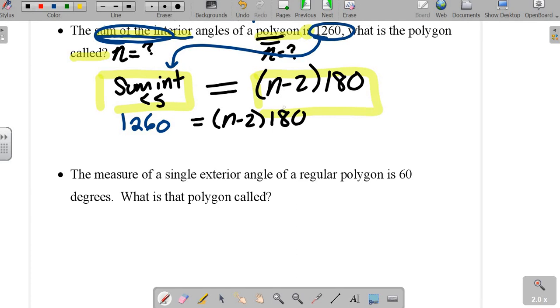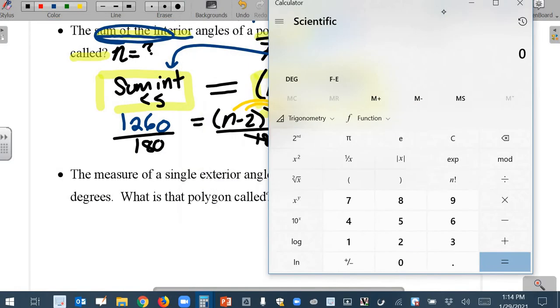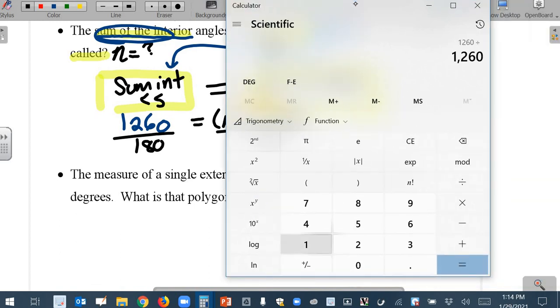There's two ways you can do this. You can distribute this if you choose to, or you can divide out the 180, both sides. And they cancel this way. So I'm going to go 1260 divided by 180, and of course we get 7.